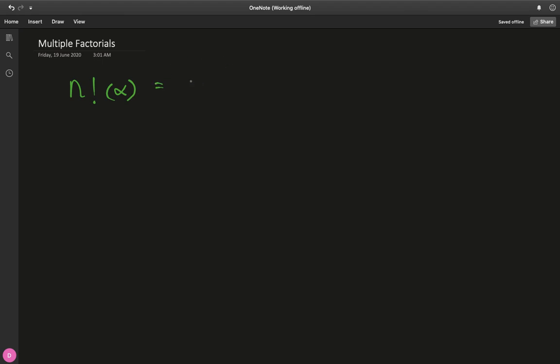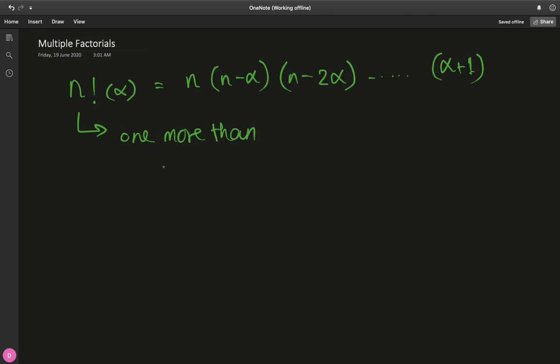So this basically denotes that we have n times n minus alpha times, again a subtraction of alpha from the previous term, so n minus alpha is n minus 2 alpha, and that basically goes on till alpha plus 1, because we are considering n to be 1 more than the nearest multiple of alpha.